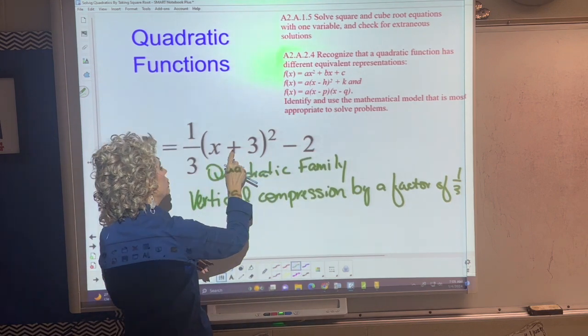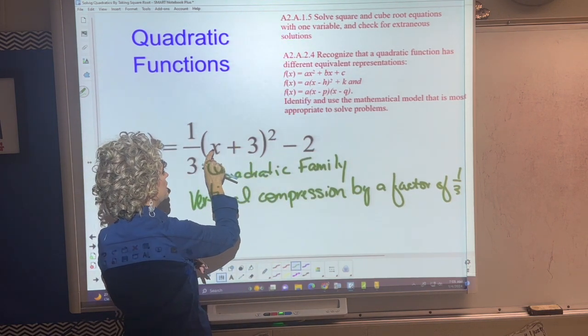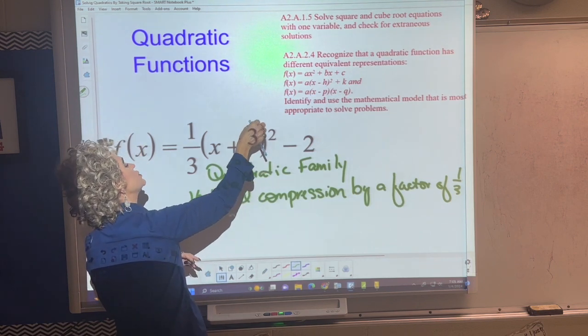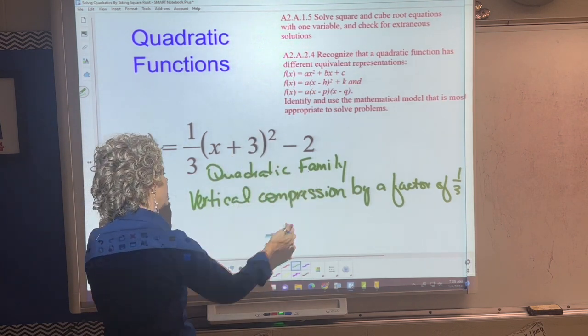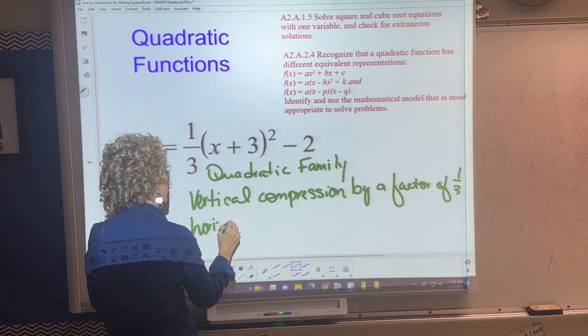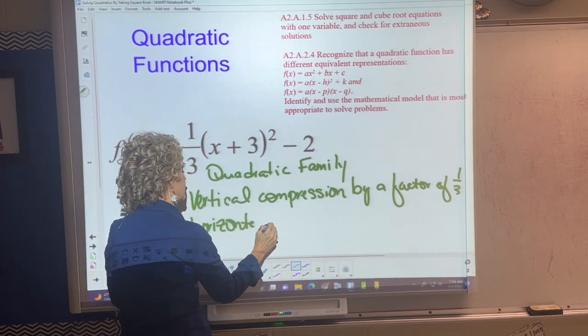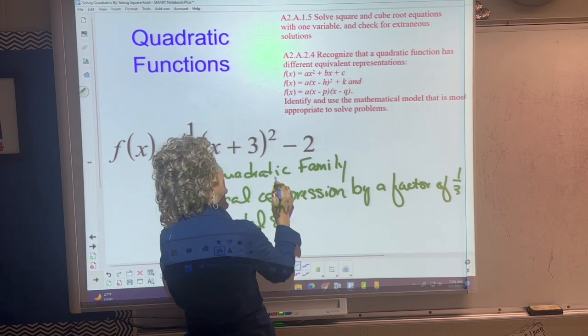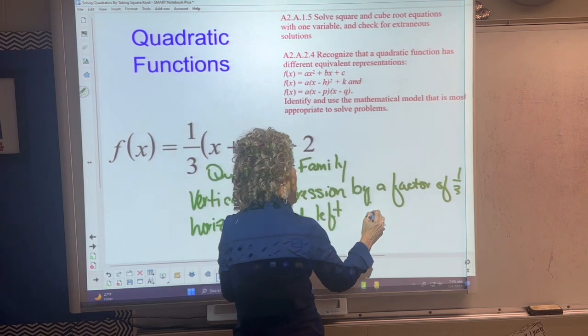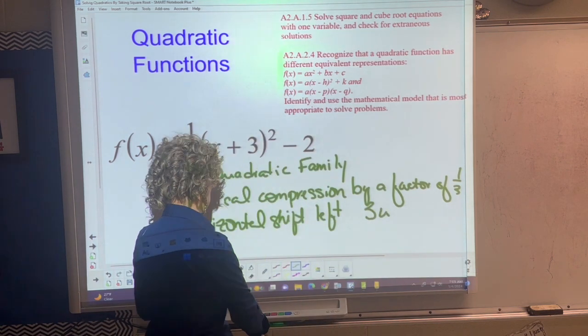In order to see a plus, this would have to be x minus a -3. So h is -3, which means we have a horizontal shift, and since it's -3, our shift is left 3 units.